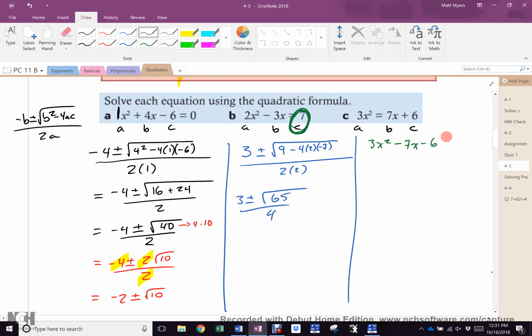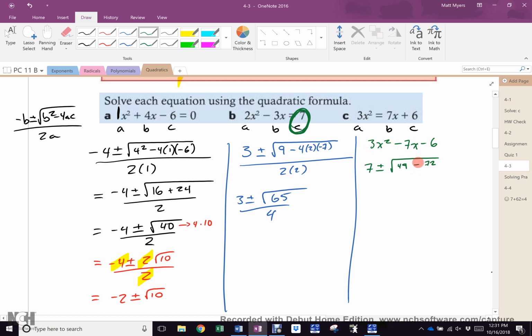Now it can go into the formula, which is 7 plus or minus the root of 49 minus 4 times 3 is 12, times negative 6 is 72. 49 minus 72, right?